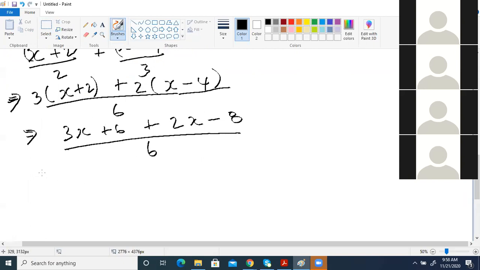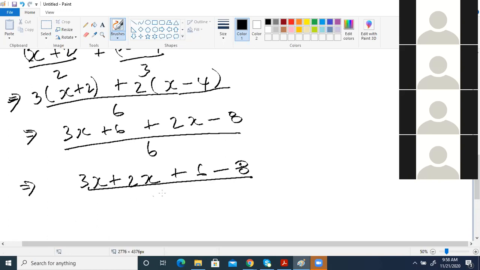So now you group them: 3x plus 2x, plus 6 minus 8, which is equal to 5x minus 2 over 6. Excellent. Right? So that's all there is to that question.